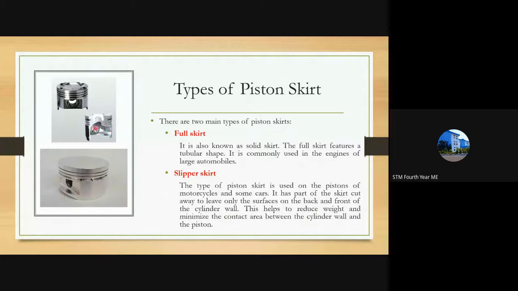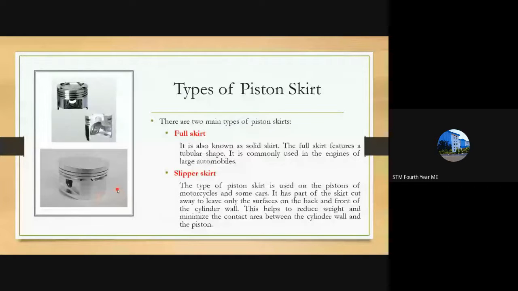Here there is nothing like that, but here there is a cut section. Such a cut section is also provided on this side, but the back and front are not cut in this way. So these are the only portions that are in contact with the cylinder walls.